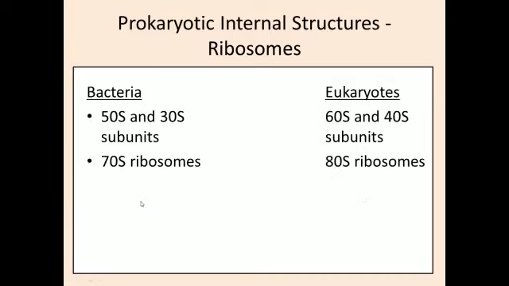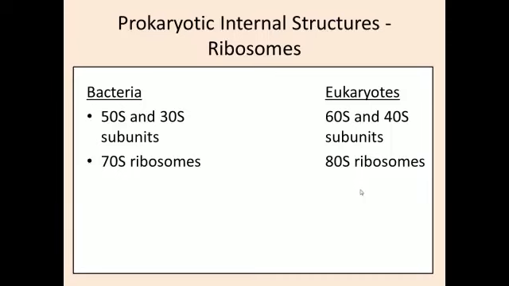Eukaryotic ribosomes are different shape and size. They're bigger. They come in 60S and 40S subunits, and they form 80S ribosomes. This becomes important when we talk about antibiotics, so you want to remember this. It will be on the exam too, of course.